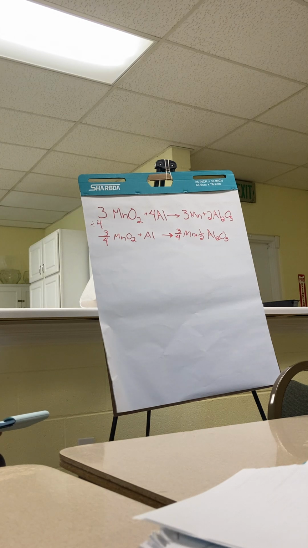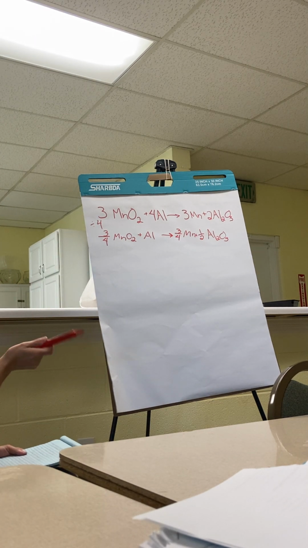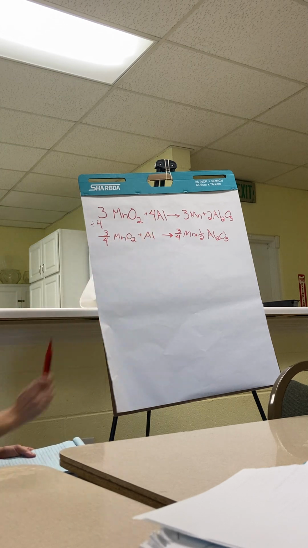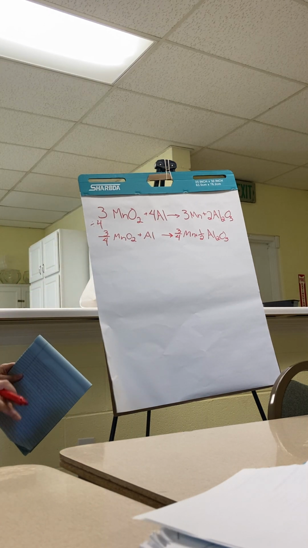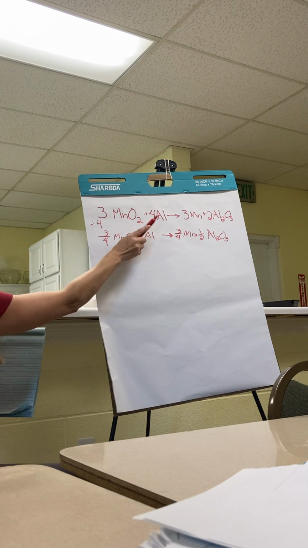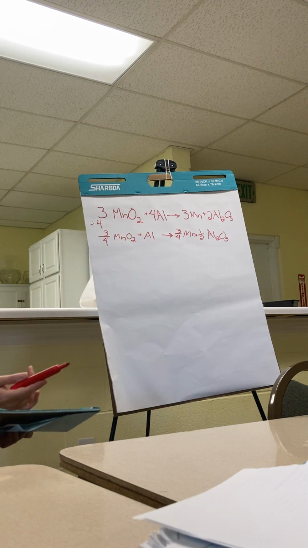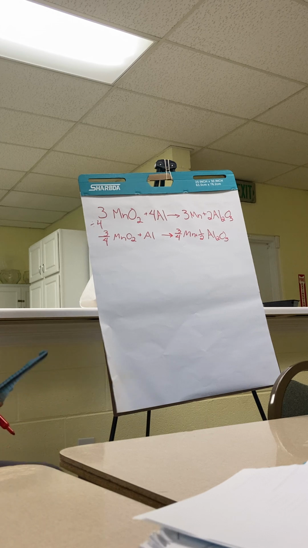Definite proportions. So my question was, if I only want to start with 1 mole of aluminum, my reaction is based on 4 moles of aluminum. How do I change all the proportions? So to change 4 moles to 1 mole, I divide by 4. So I have to divide everything by 4.